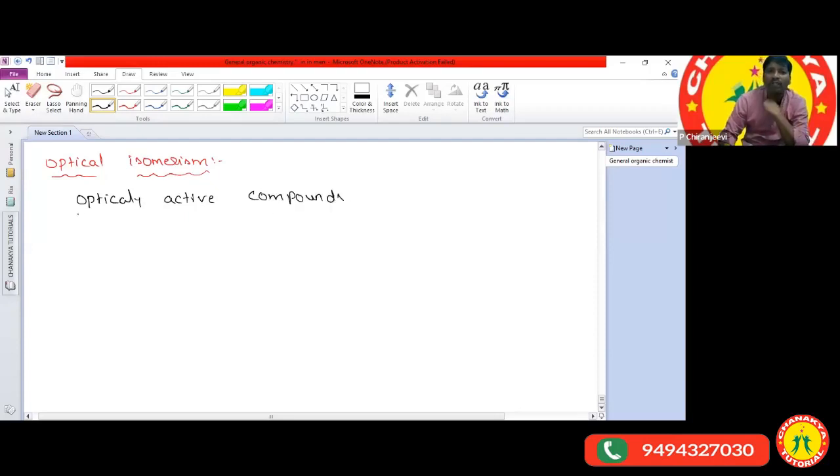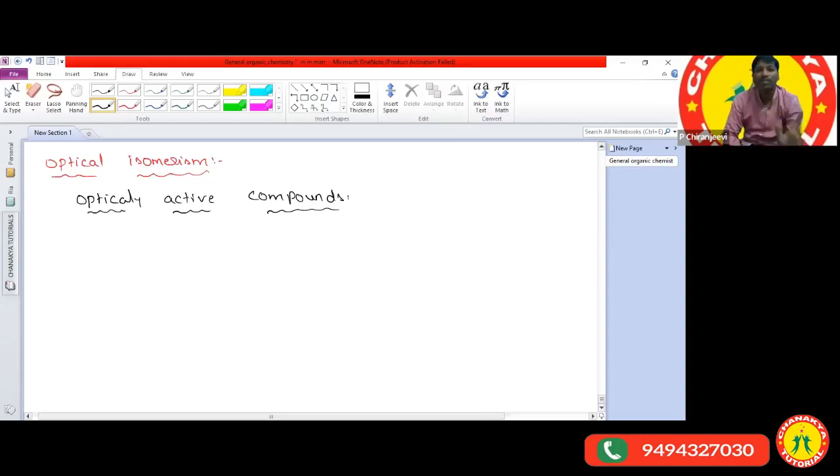Which compounds exhibit optical isomerism? Optically active compounds exhibit optical isomerism. Simple statement.